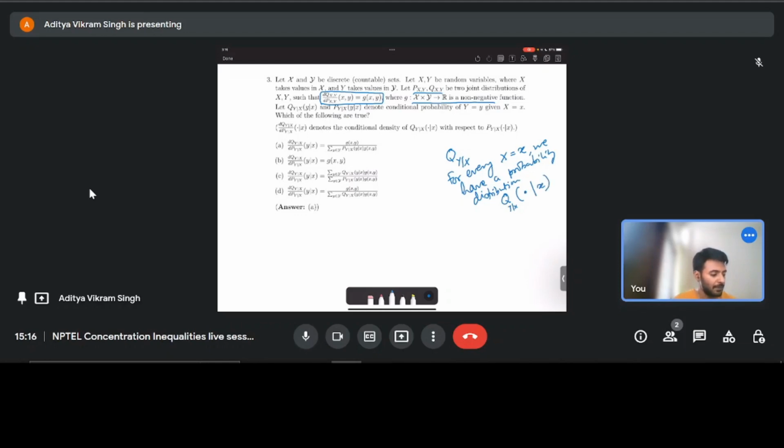This is a probability distribution on this y set. So for fixed x, you have this conditional probability distribution on y, denoted by Y given X. But since you are fixing one particular x, for every x you have a distribution on y.